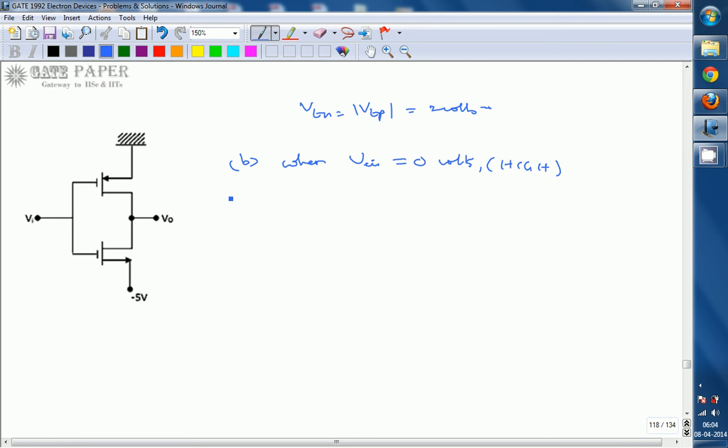For NMOS we must consider VGSN, which is VGN minus VSN.